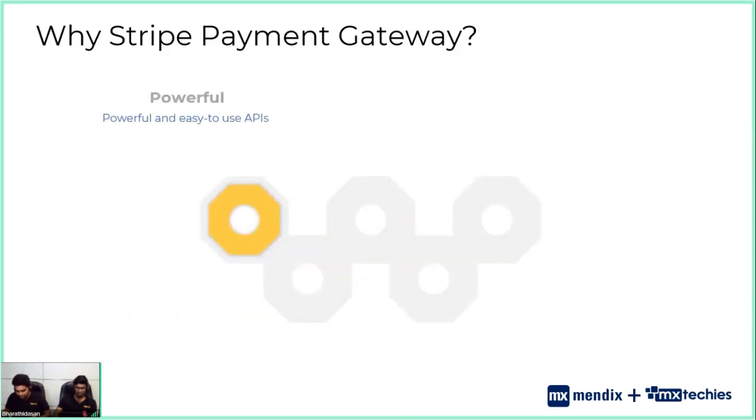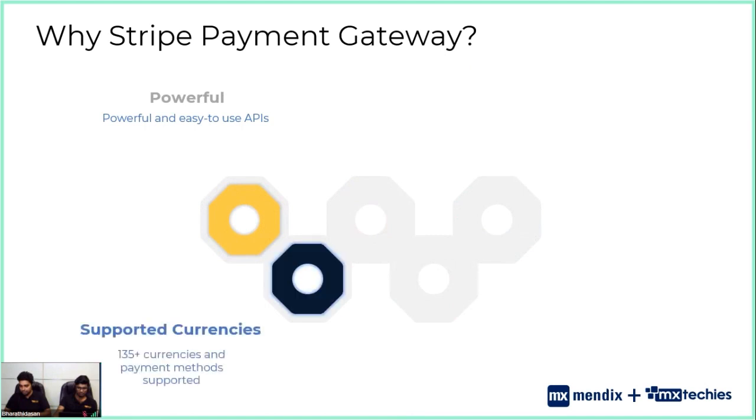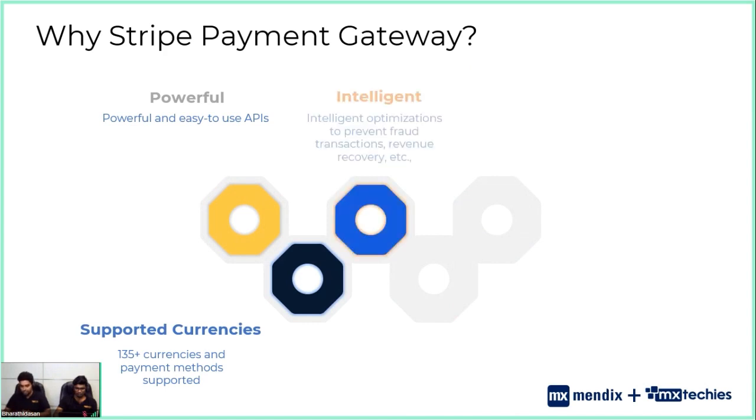Why use Stripe? It has more powerful and easy-to-use APIs, and we can integrate easily. The API can be integrated easily with any technologies or languages. Around 150 plus country codes and currencies are accepted in its payment methods.